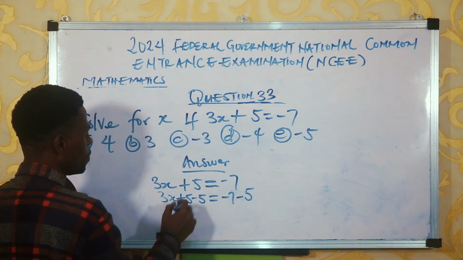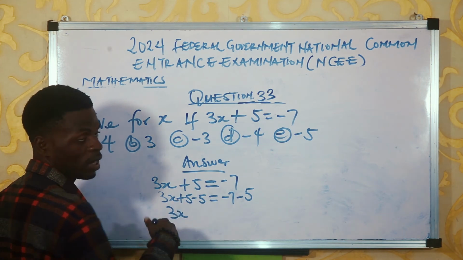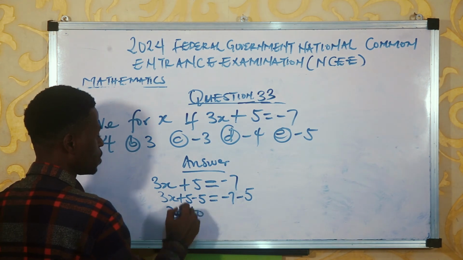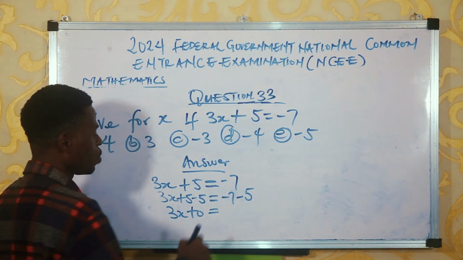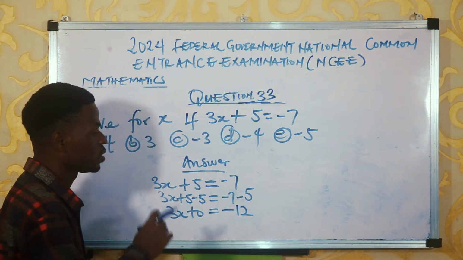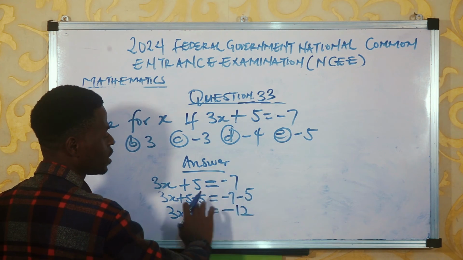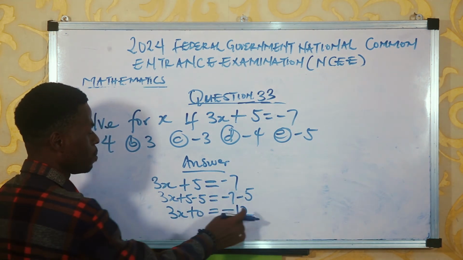So in this place, 5 minus 5, we have 3x, which is 0. So we have 3x plus 0 equal to minus 7 minus 5, which is minus 12. That's according to the sign rule. Take note of that. Minus 7 minus 5 is negative 12.